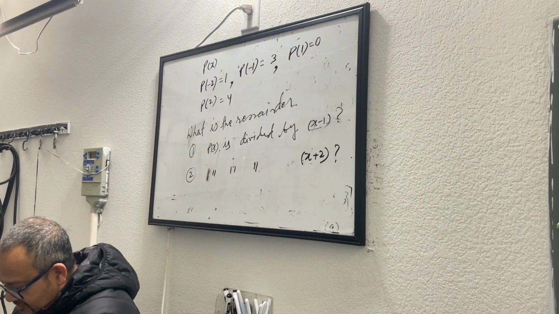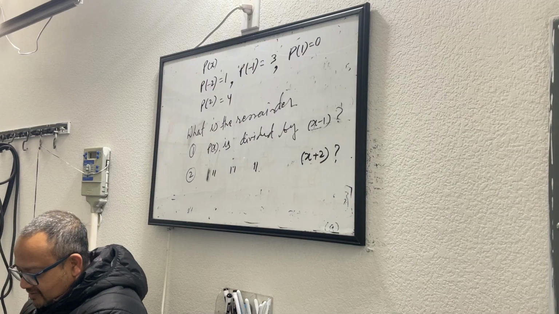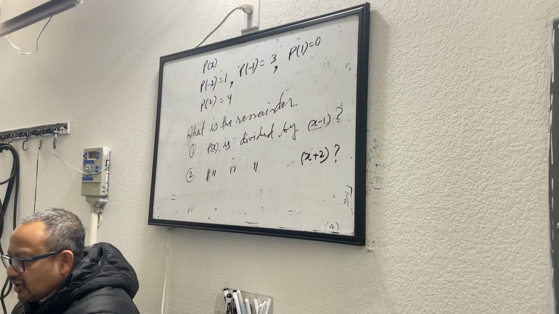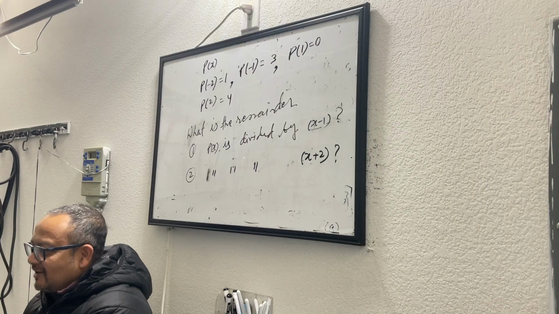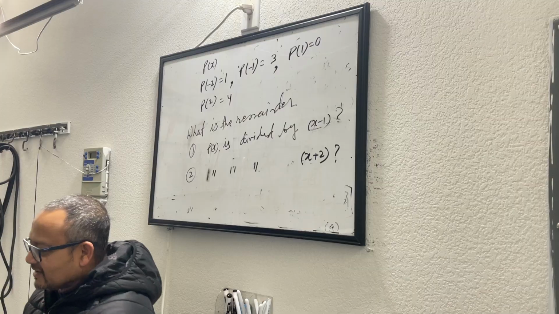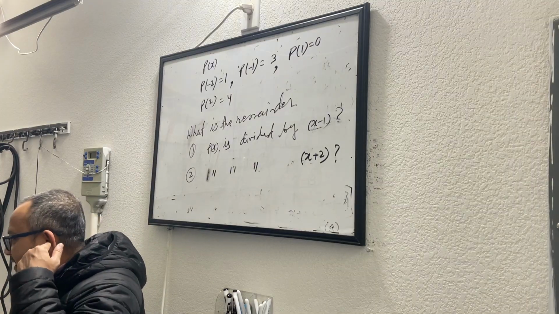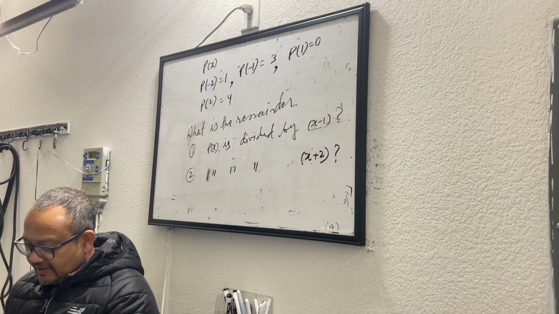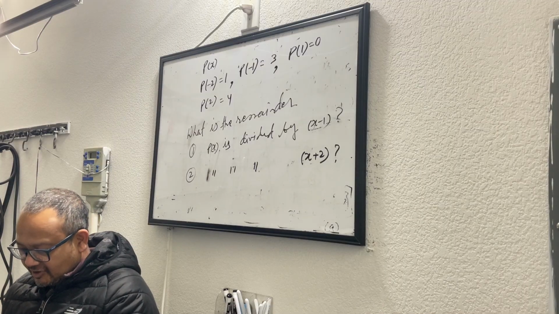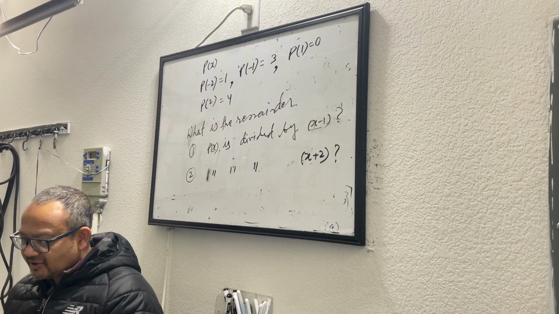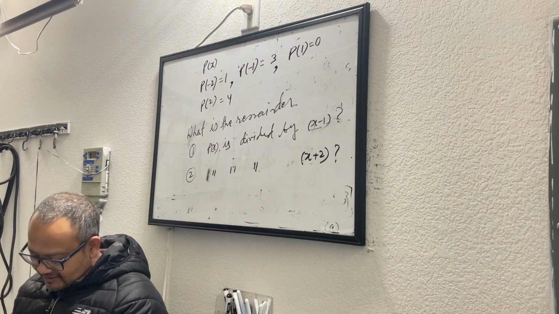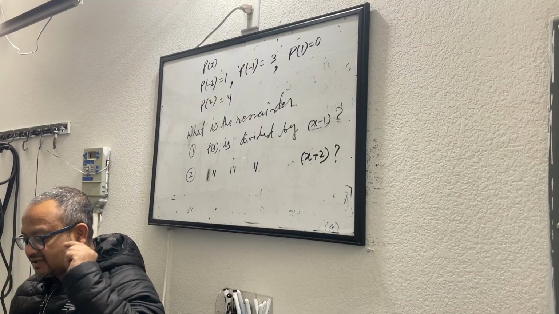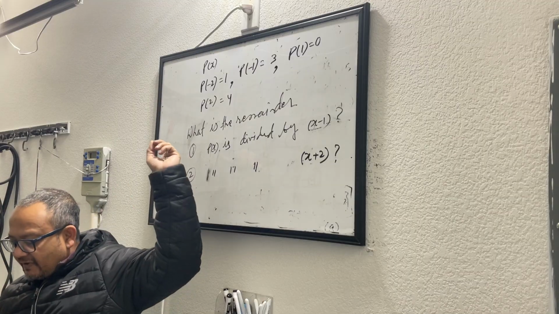Yes, Dishali. Wait, are the options at the top, are those the options? I don't know. I will read the question one more time. Again, I know you are thinking in the right direction, but I don't want to be explicit. Because that is the trick that we use. Read, analyze, and then do it. So the question says, p of x is a polynomial and these are the values given.